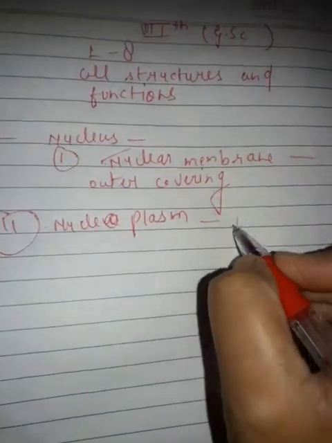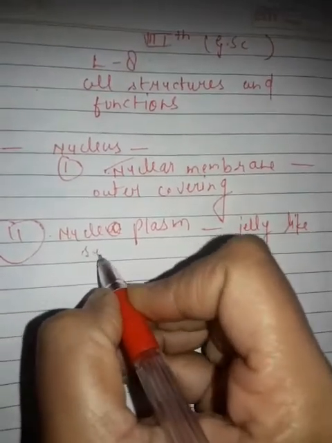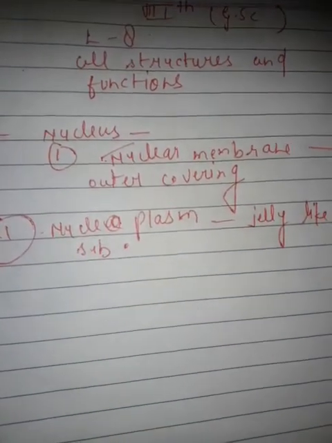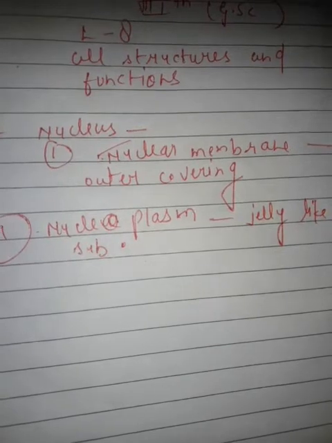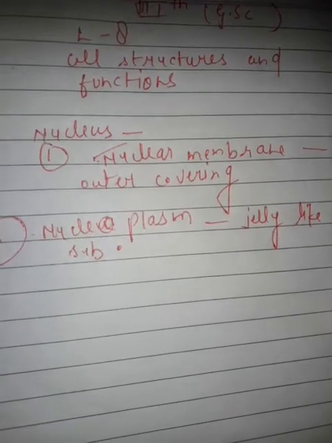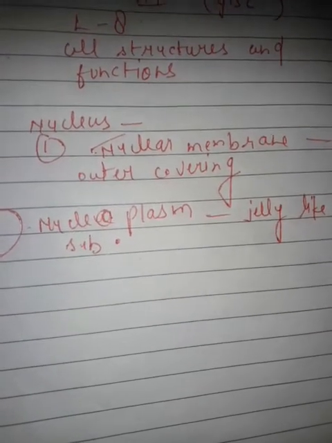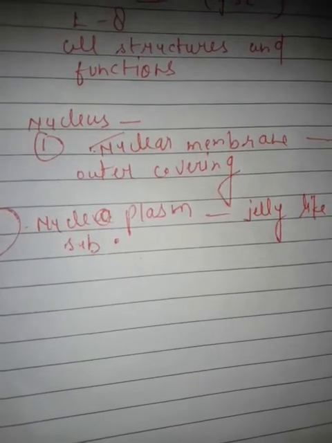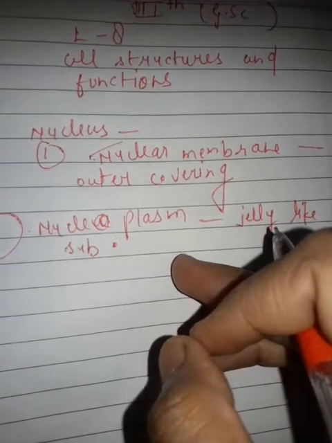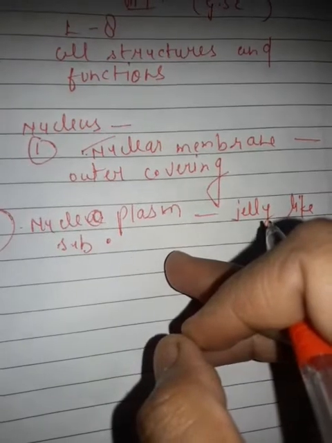Nucleoplasm is a jelly-like substance. The nuclear membrane separates the nucleus from the cytoplasm and, like the cell membrane, is porous, having tiny holes in it which allow exchange of substances between the nucleoplasm and the cytoplasm. And chromosomes and nucleoli are present in the nucleoplasm.